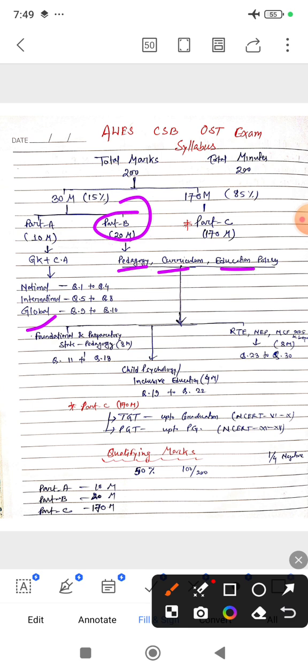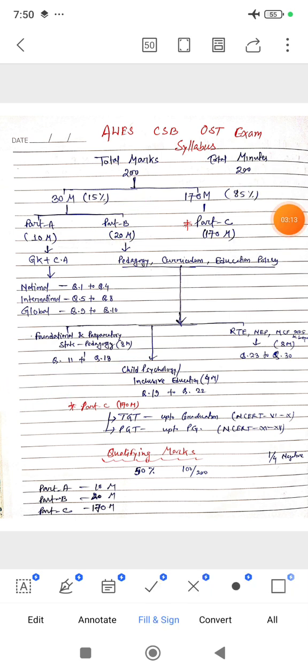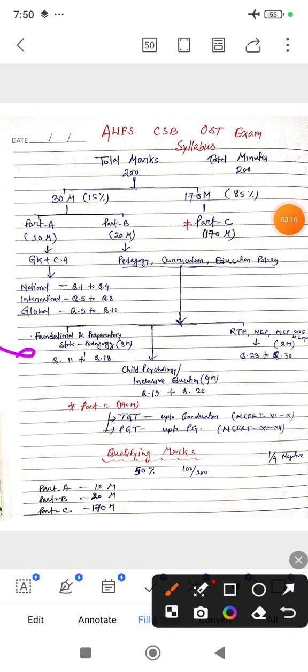From there you'll have 8 questions. Then child psychology or inclusive education, 4 questions.